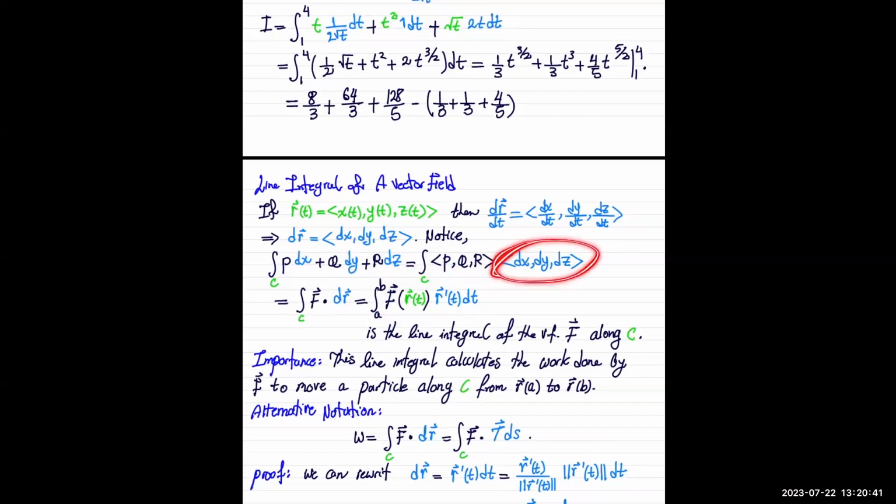And this is just r prime of t dt, and there's a dot between those right there.